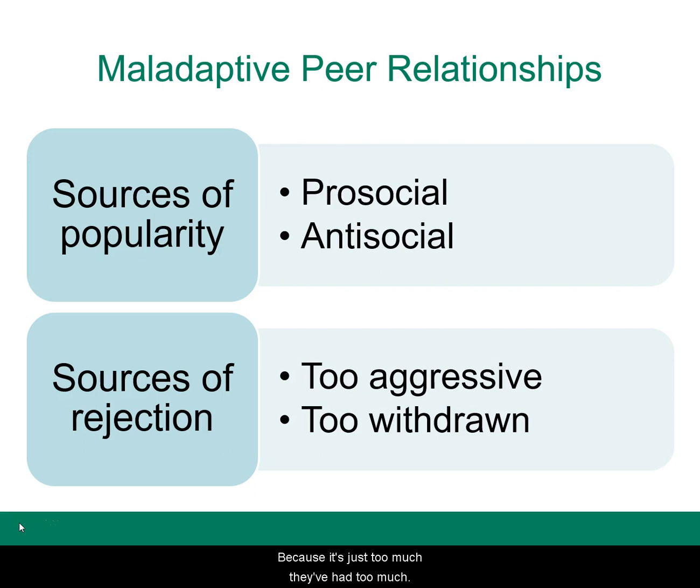They've had too much popularity, and they really can't control the way that people are reacting to them. And then sources of rejection, too aggressive, too withdrawn, okay, can definitely affect the way that these individuals have relationships in the future.